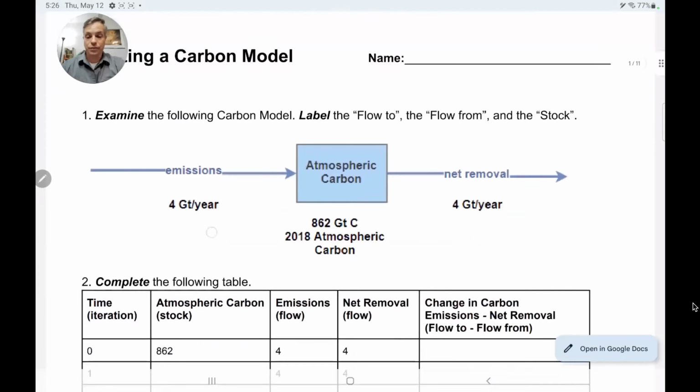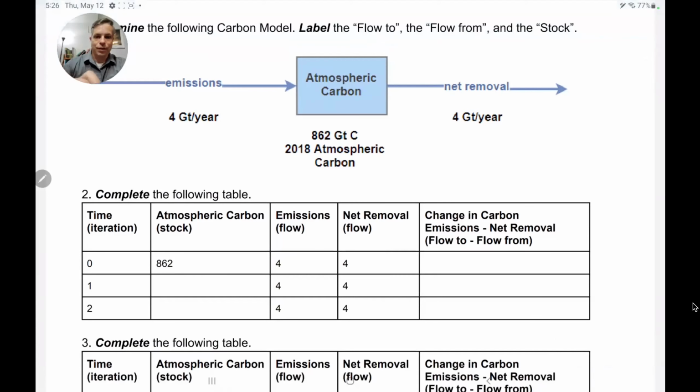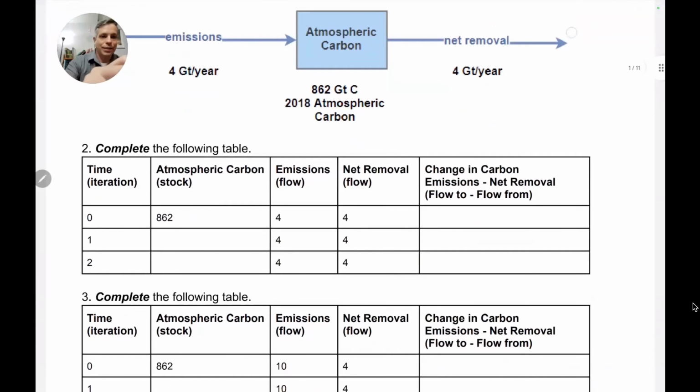Okay, so first things first, I have them look at this model up here where you have emissions, carbon in the atmosphere, and net removals. And then what they do with that is they try to complete these tables. So carbon in the atmosphere is 862 gigatons of carbon, and that was in 2018 approximately. So if our emissions, our flow to, is 4, and our flow from is 4, well, we have 4 minus 4 equals 0.